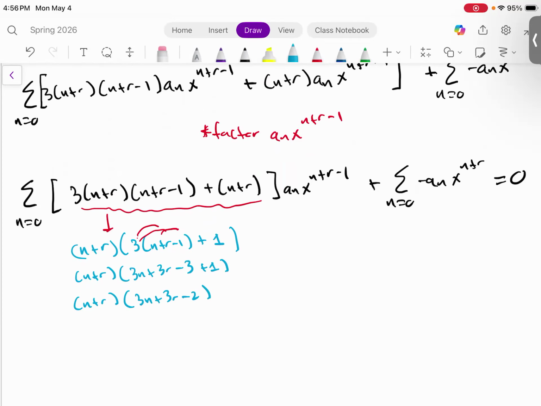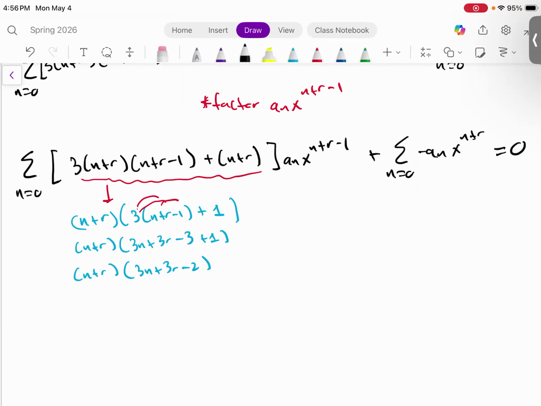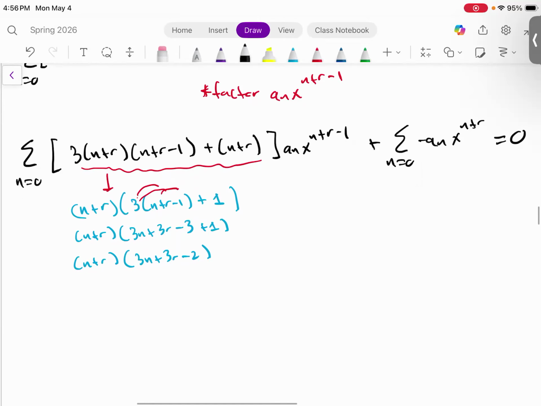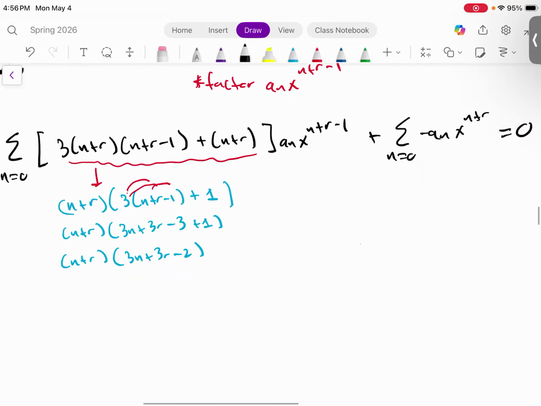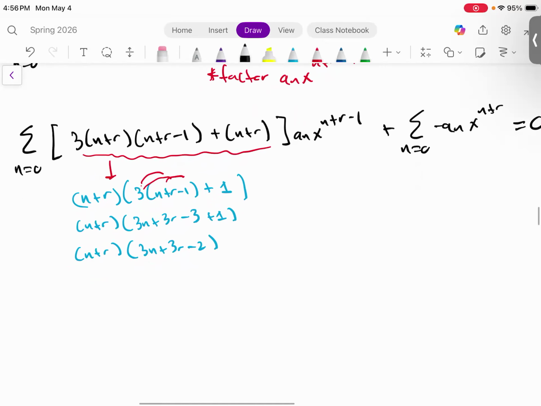So that looks a lot better than what we have in there. Sometimes these solutions require some algebra to make it look a lot cleaner. I mean, you could work with this, there's nothing wrong with it, but it's a little messy, like 4 different terms going on. We want to condense it into 2 terms, which is a lot nicer. n plus r times 3n plus 3r minus 2 is a lot cleaner.